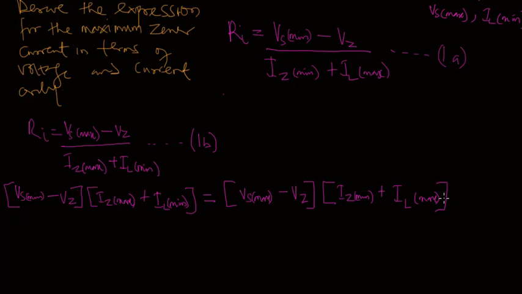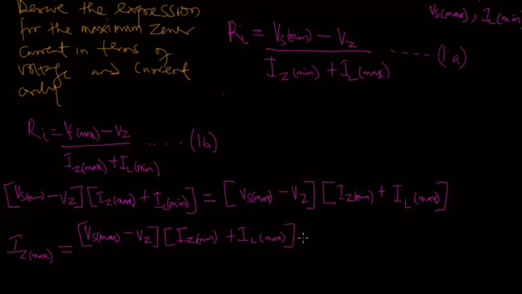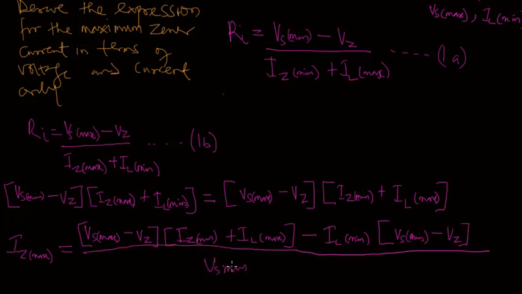Solving for maximum Zener current, we are going to have Iz maximum equal to Vs maximum minus Vz into Iz minimum plus IL maximum, minus IL minimum into Vs minimum minus Vz, all over Vs minimum minus Vz. So we just derived the expression for the maximum Zener current in terms of voltage and current only.